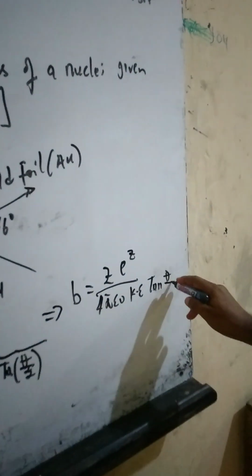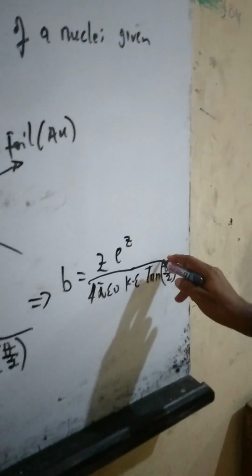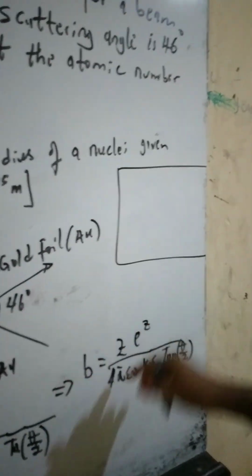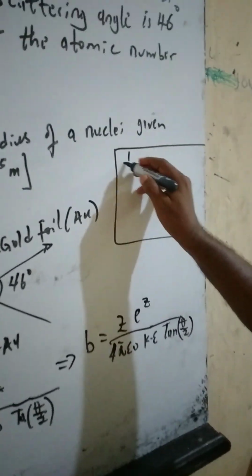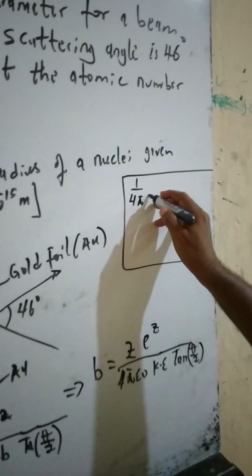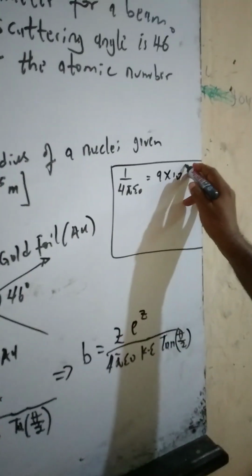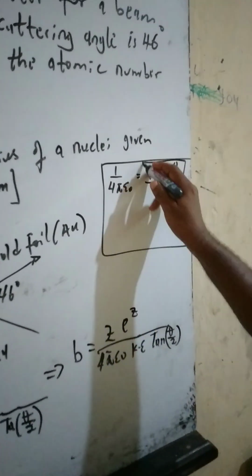Now please take note of this: 1 over 4 pi epsilon naught is a constant, and is given as 9 times 10 raised to power 9 in magnitude.